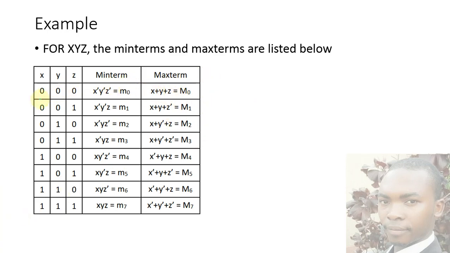Where there is a 0, that is a not x or not y or not z, and then where there is a 1, we shall put a 1. But we know that a max term is an opposite of a min term. So if here where there is a 0 I write not x, then in a max term I will write an x. Actually this is a conversion.